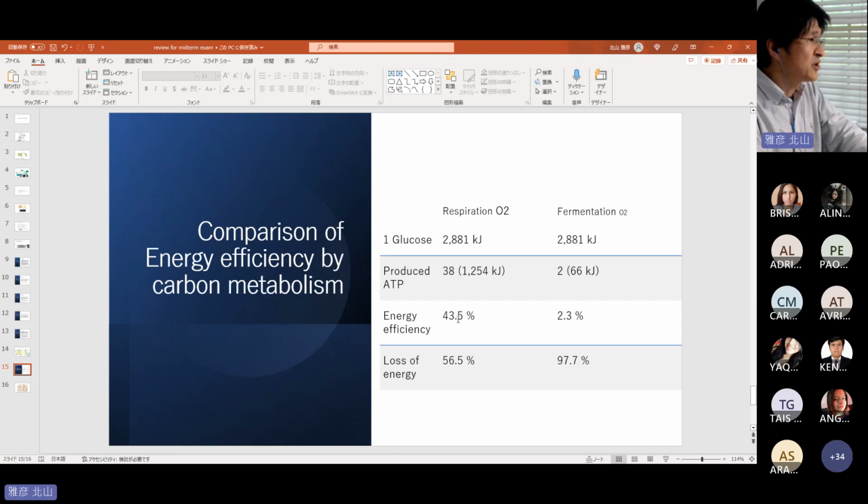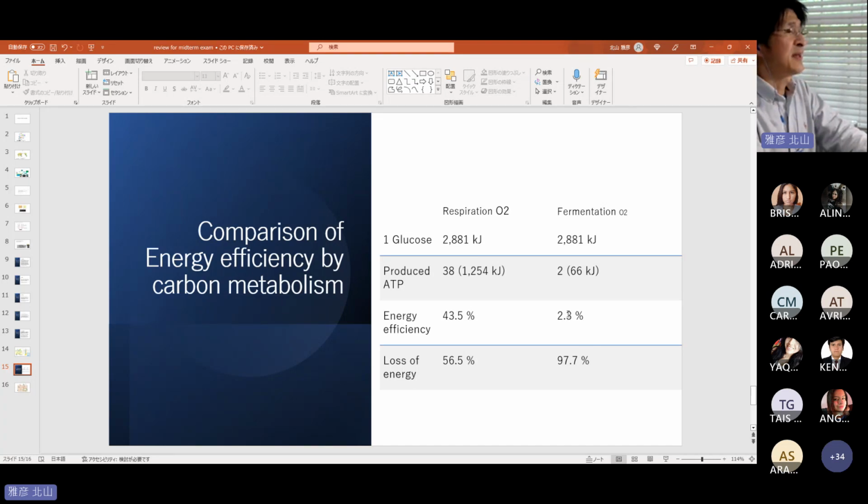Energy efficiency to produce energy with a large amount of oxygen, by respiration, is about 40%. On the other hand, if we don't have much oxygen in the environment, organisms like yeast or lactic acid bacteria will make fermentation rather than respiration. But energy efficiency means the energy they can obtain from one molecule of glucose.